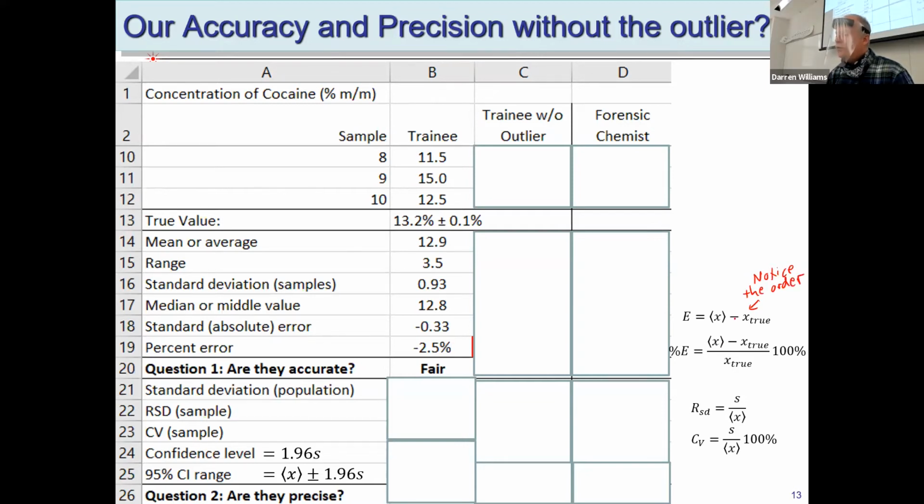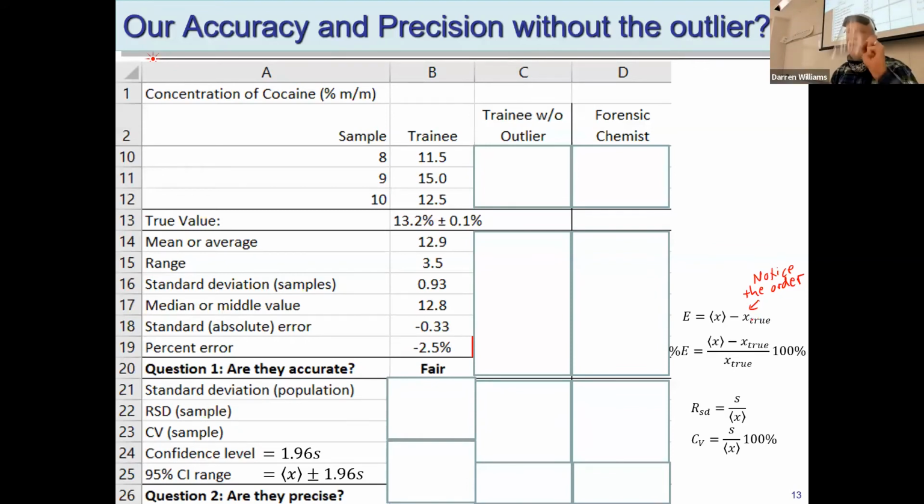Why do I want to subtract the true value from the mean? If my mean is lower than the true value, I want that number to be negative because the negative implies that you're low and positive implies that you're high. Make sense?